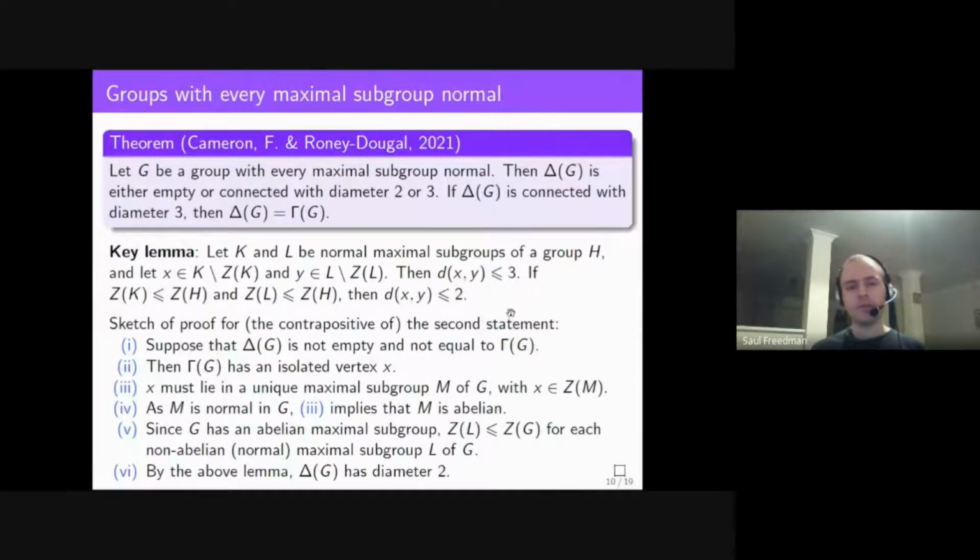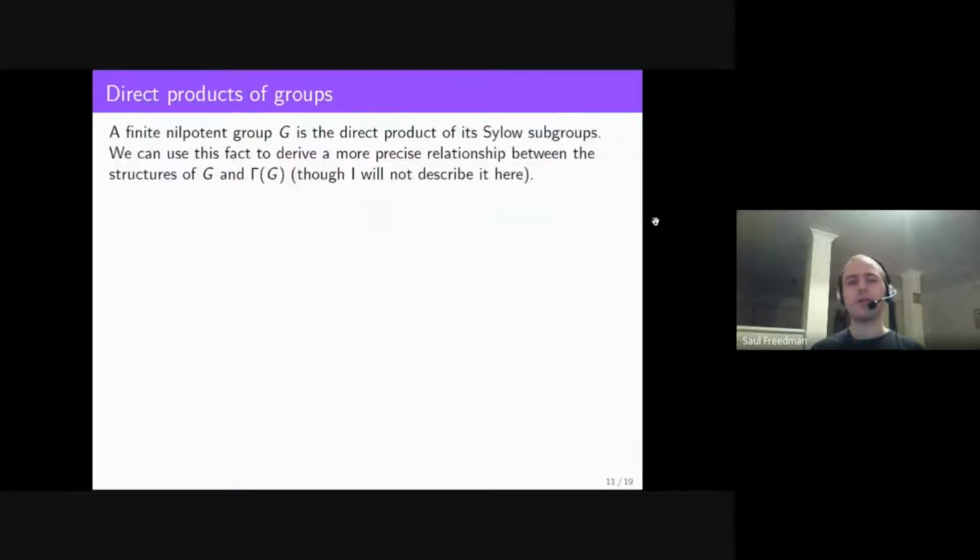Okay, so as I mentioned, this family of groups includes all the finite nilpotent groups, and in fact, in the case of a finite nilpotent group, we can give a more precise theorem than this one. So what I'll say is that a finite nilpotent group, G, is the direct product of its Sylow subgroups.